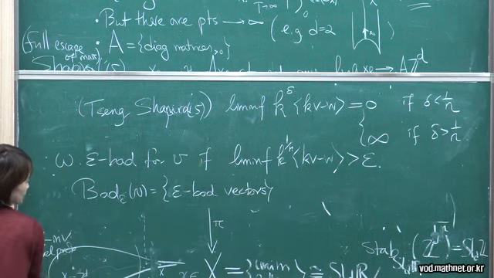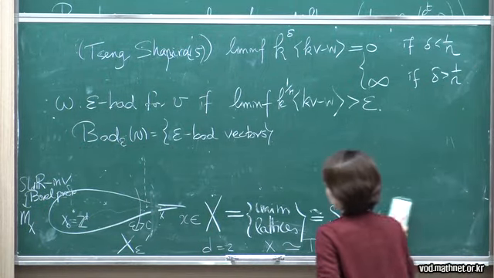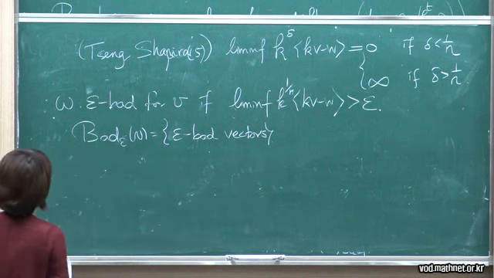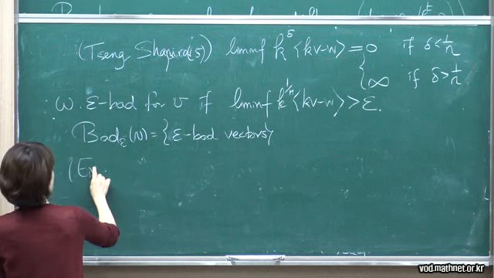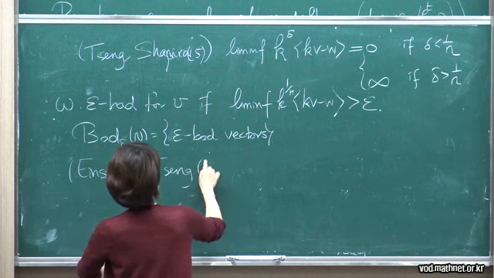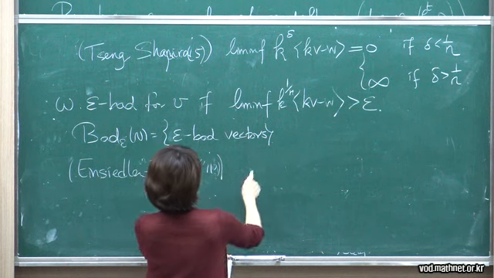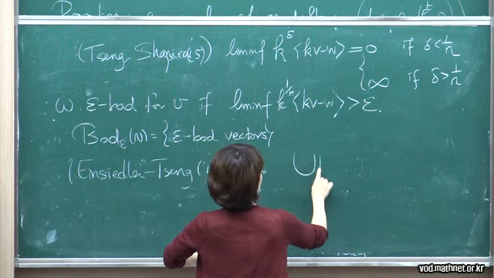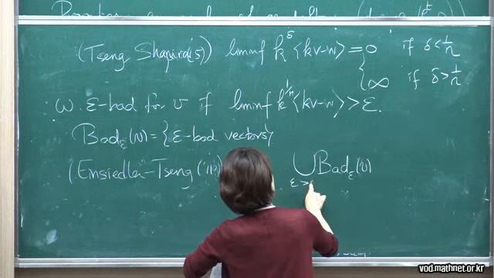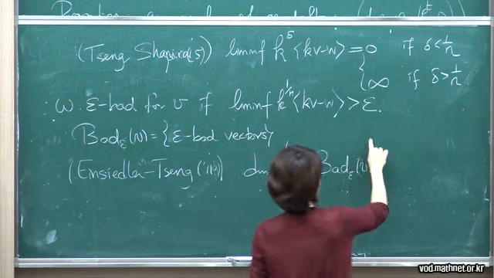So we want to say that there are few bad vectors. What Einsiedler and Tseng showed, I think in 2011, though I'm not sure, is that if you take the union of all the epsilon-bad vectors, then the Hausdorff dimension is full.